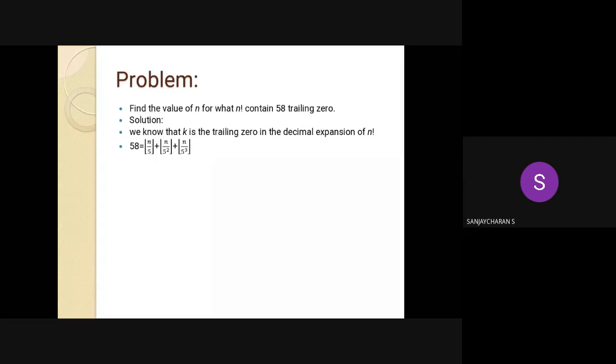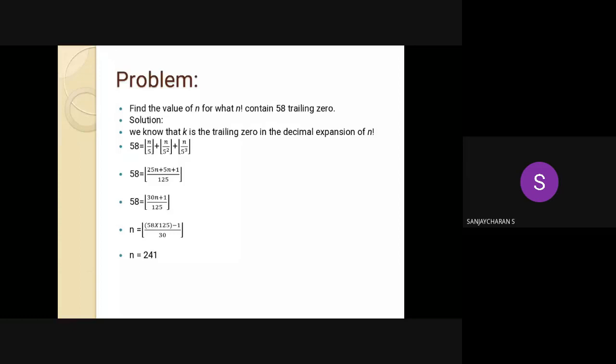We can simply use 58 equal to floor of n by 5 plus n by 5 square plus n by 5 cube.